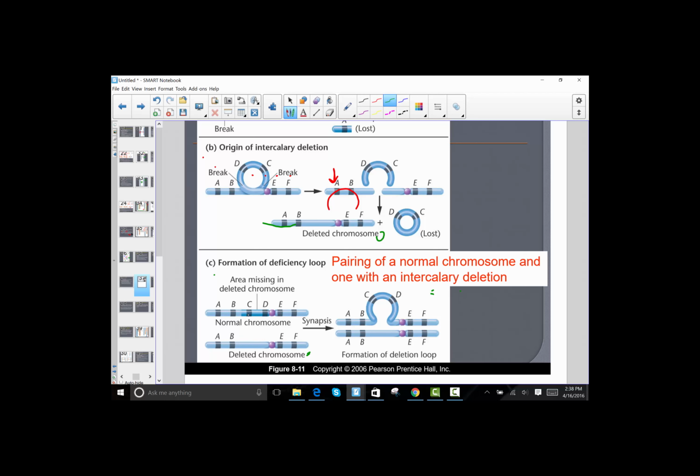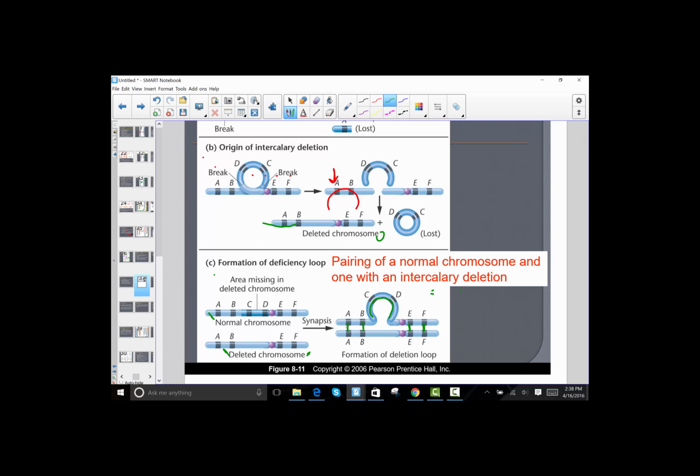So we now have a normal chromosome that is trying to pair with an abnormal chromosome, one that contains a deletion. The only way that this can actually happen is if A and B match up with E and F. Remember, these are genes we're talking about here, genes that are carried on our chromosomes. And there's nowhere for C or D to match up here.